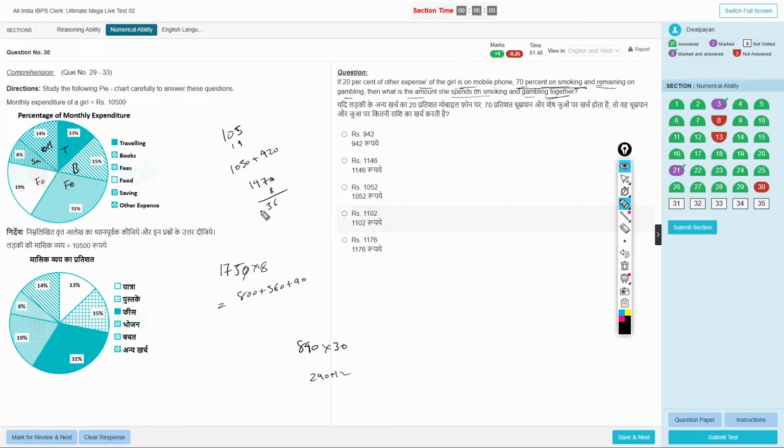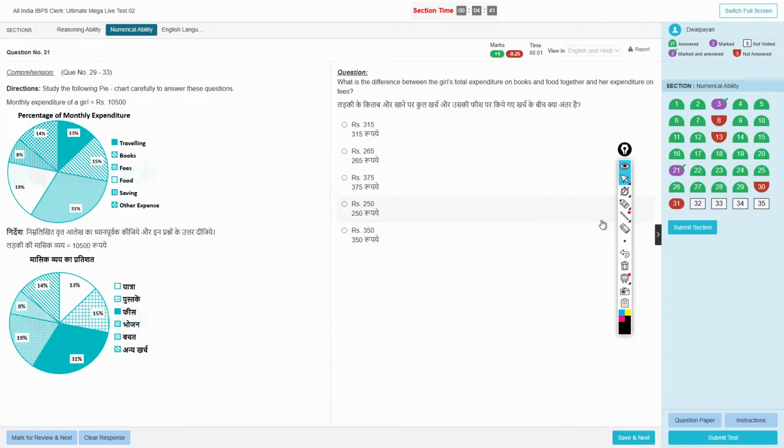Okay, 20% of the expenses mobile, 70% smoking. I think something is odd. Okay, we'll come back to it later. Hopefully.